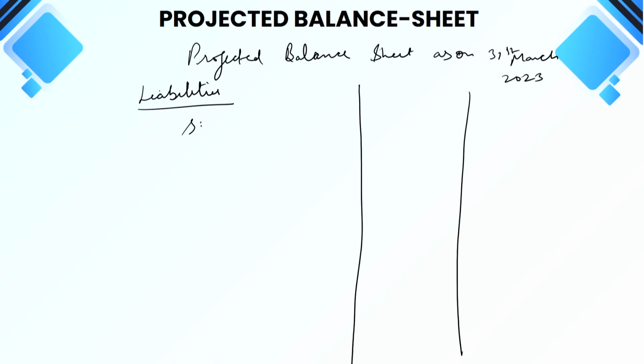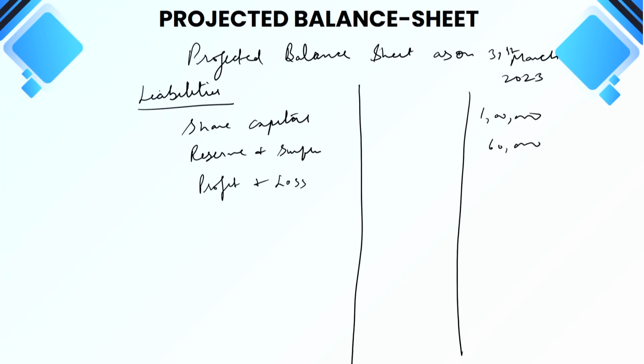So here we take share capital as it was provided in the question, without making any change, as rupees 1 lakh. Then we have reserve and surplus, 60,000 rupees. The next figure is of the profit and loss account.